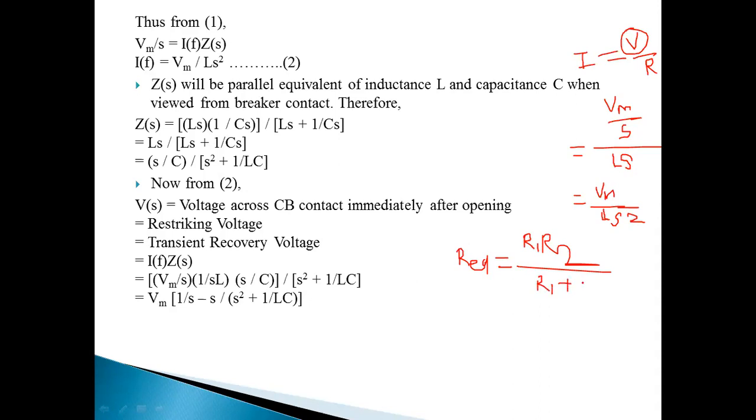Now here we are finding the impedance, so the same thing is applied. We are finding the equivalent impedance, which is equal to Z1 Z2 divided by Z1 plus Z2. Here one is your inductance and one is your capacitance, and both are in parallel.